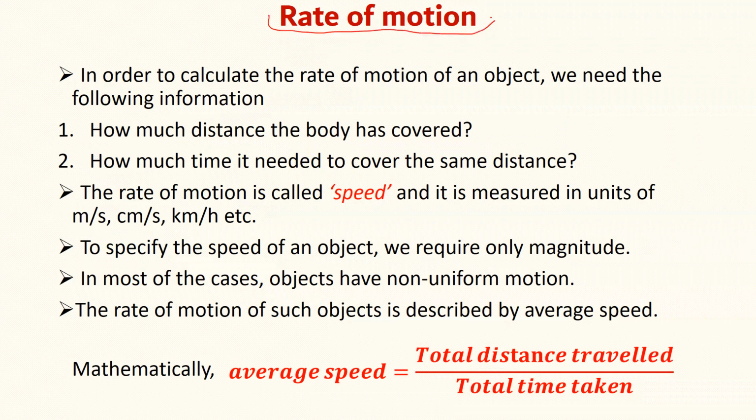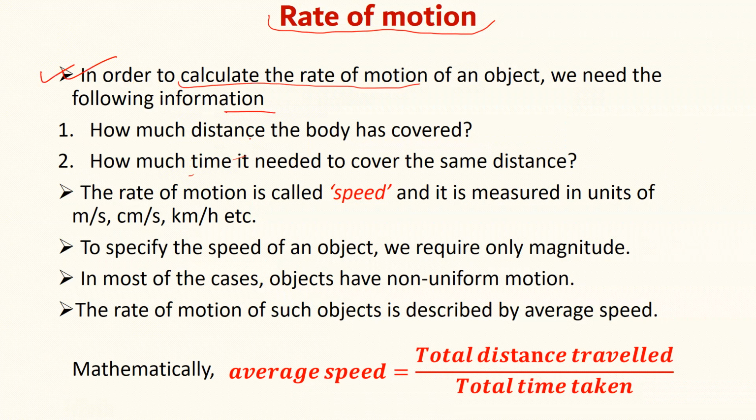Rate of motion is what we are going to discuss, and we'll also learn some concepts during the course of this video. So in order to calculate the rate of motion of an object, we need to know some information.